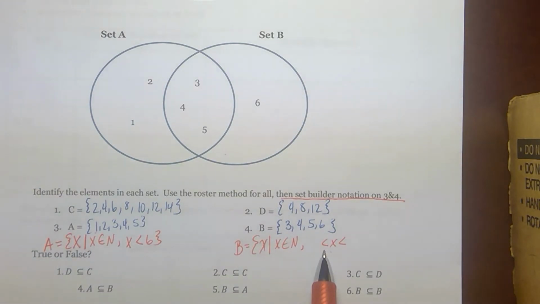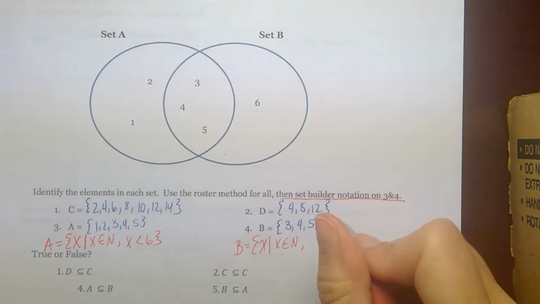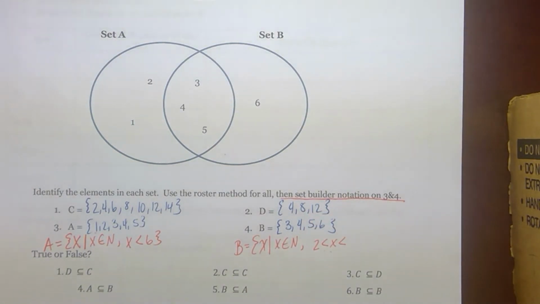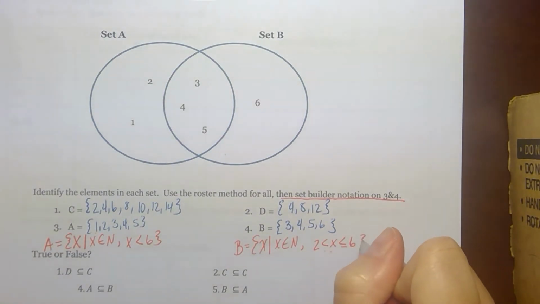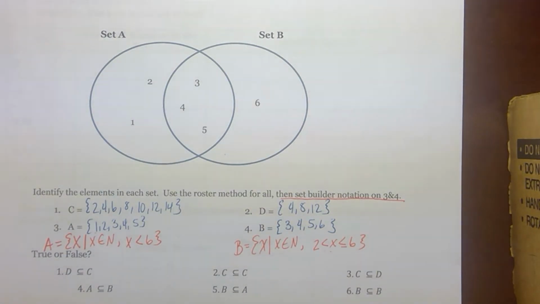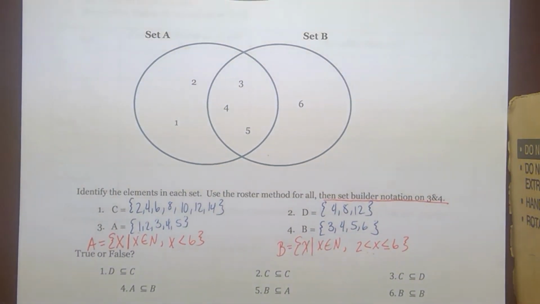X is greater than 2, or I could say greater than or equal to 3. Either way, that's my boundary at the lower end. My upper end is 6. Let's say less than or equal to 6, or I could have just said less than 7. So there's my set builder notation for 4.